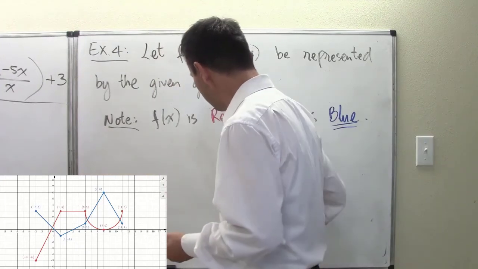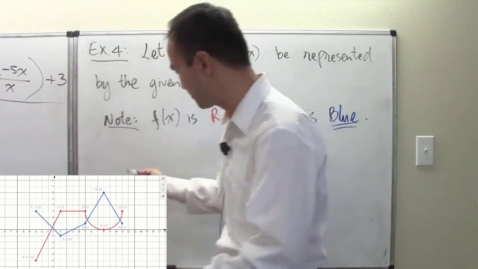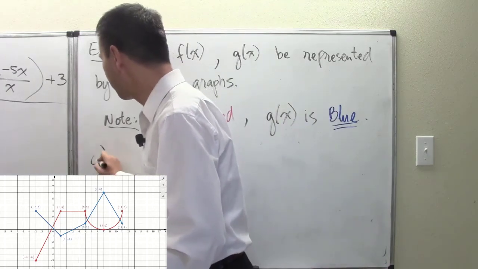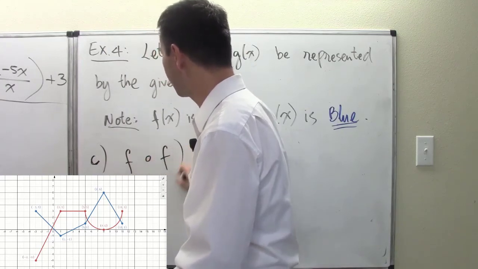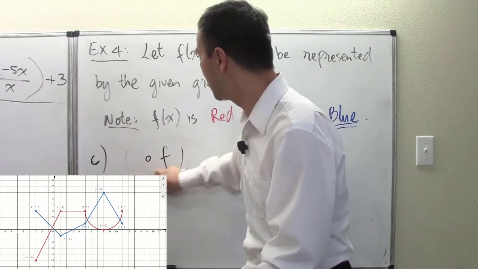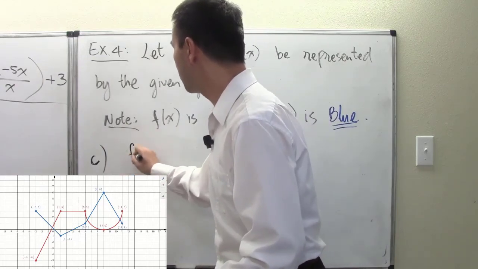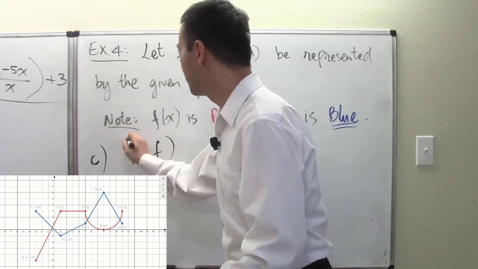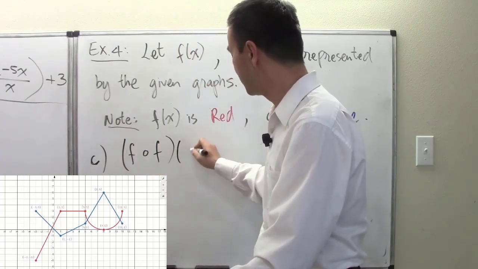Throughout this lecture, I haven't repeated this kind of problem for a little while already. So what about part C right here. Let's do f of f, f circle f, or f of f of 2.